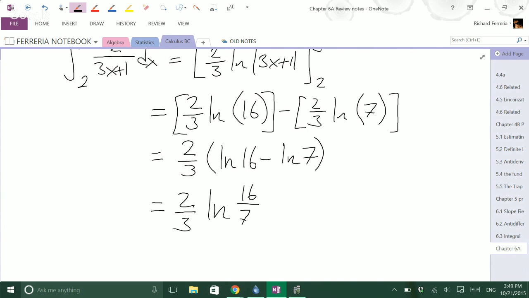That's a lot meatier than I expected, that first problem. Okay. Any questions on number 1?